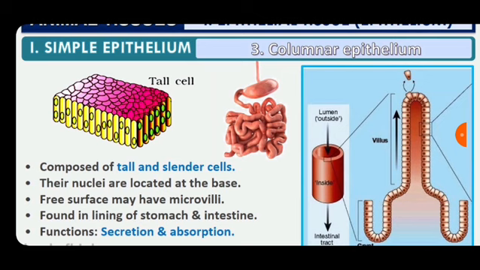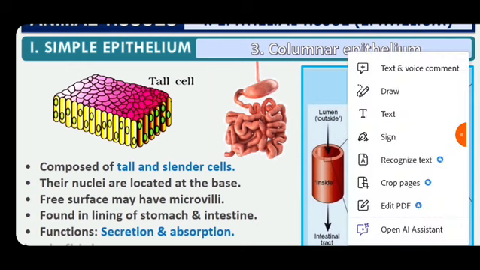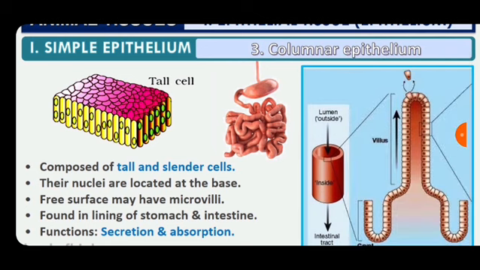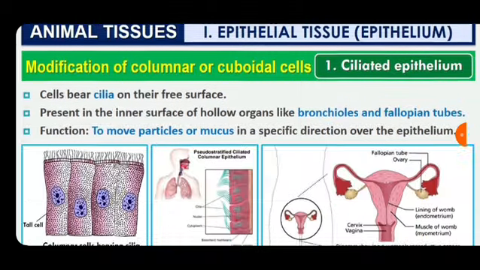It is composed of tall cells, with the nuclei located at the base. The free surface shows microvilli. Where is the location? They are found in the inner lining of the stomach and the intestine, and their function is secretion as well as absorption.